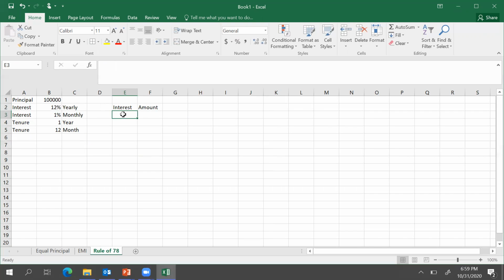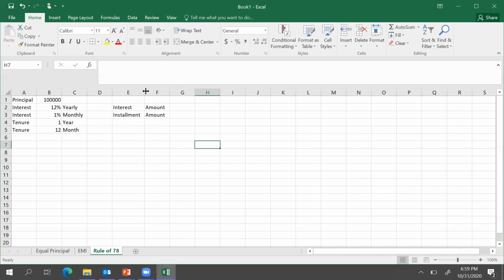They will also have already decided the installment amount. So here you cannot say that I have calculated the EMI, it is this much, why are you charging me extra or something on the higher side.